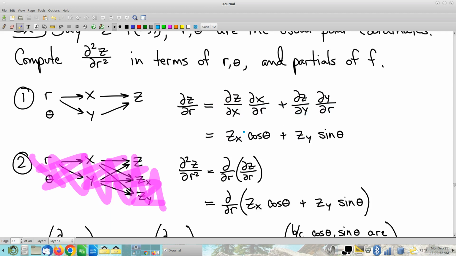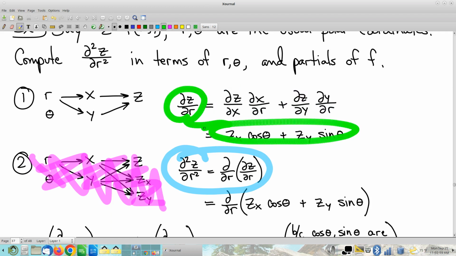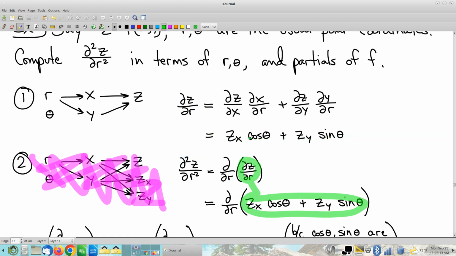Now keep in mind what we wanted was the second partial, which means I'm going to need to take my first partial with respect to r and take its partial with respect to r. And reminder, when you're taking a partial with respect to r, that means that theta is a constant.